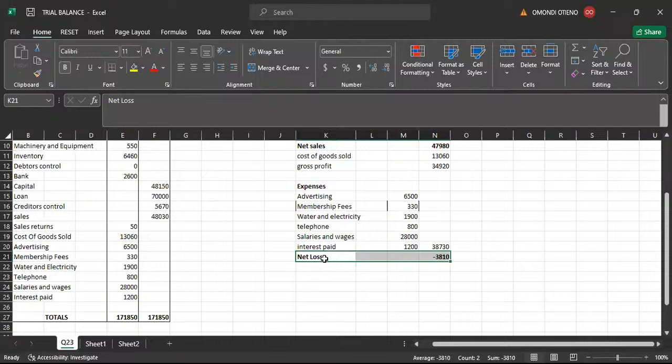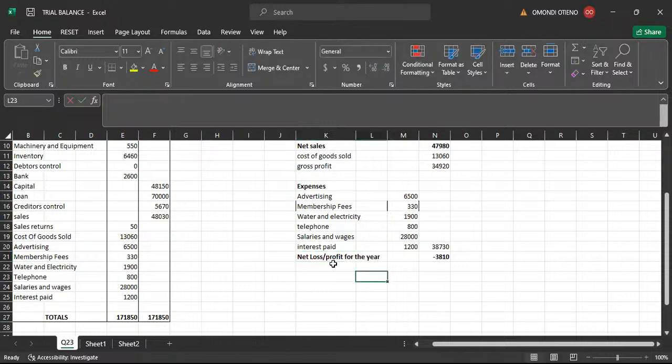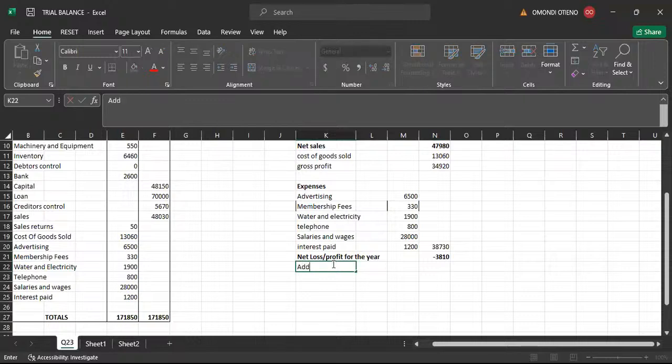So this is net loss or profit for the year. In that particular year, that is how the company did its transactions. But then we are going to add something. Can someone tell me what you are going to add here? If you really did FR, FA, then there's something that we need to add.